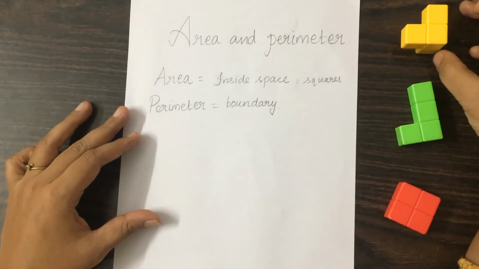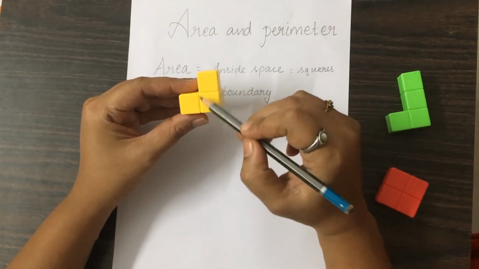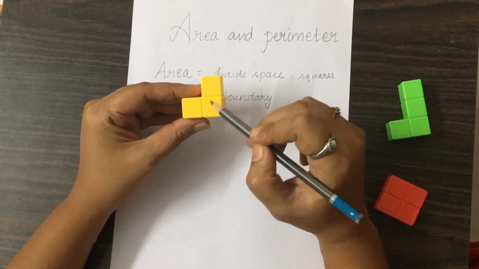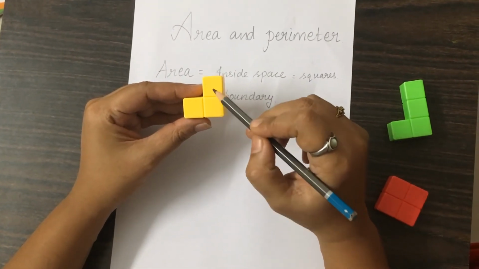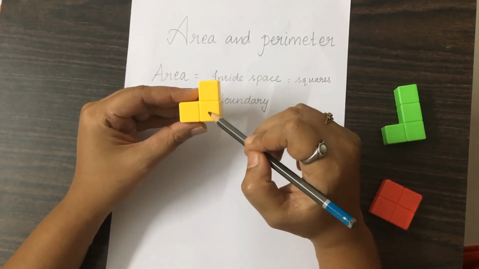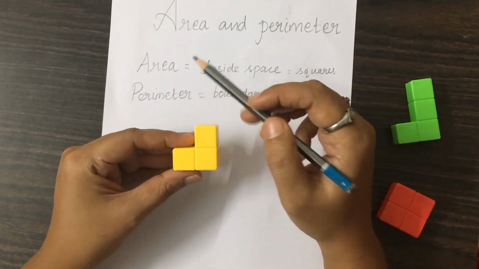Okay, I'll show you some example. See, in this image, how many squares are there in this figure? 1, 2, 3. There are 3 squares. So the area of this is 3 square units. And what is the perimeter? Perimeter means the boundary.